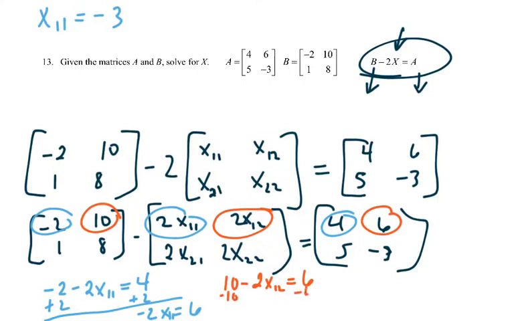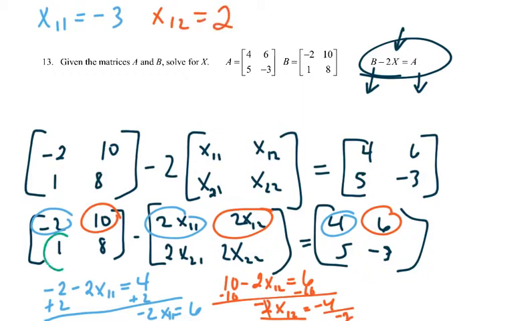Subtract 10 from both sides, so I get negative 2x12 equals negative 4. Divide by negative 2 on both sides. My work's getting slightly cut off, but I'm dividing by negative 2 on both sides. And I get that x sub 12 is equal to positive 2.